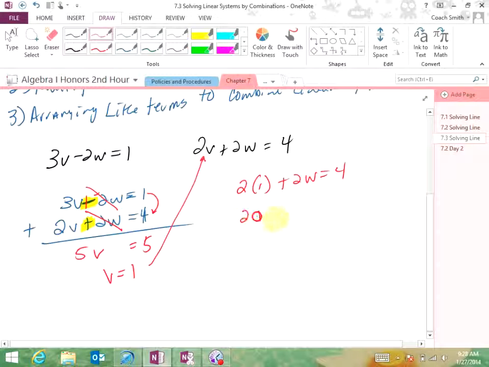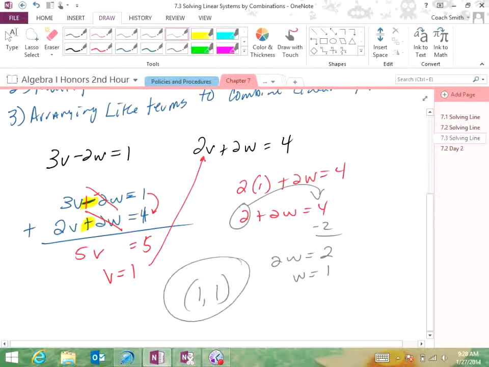And that would be 2 plus 2w equal 4. So now I'm going to take this 2 over to the other side. It becomes negative 2, which means I have 2w equal 2, which is w equal to 1. So 1 and 1 is my solution.